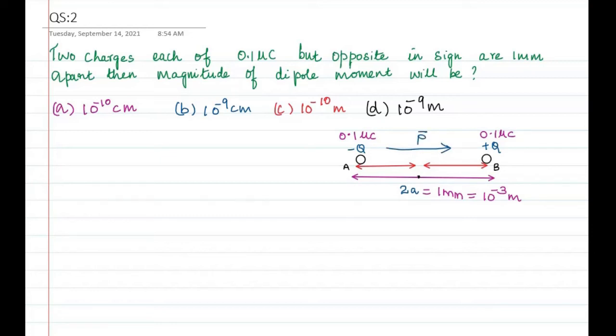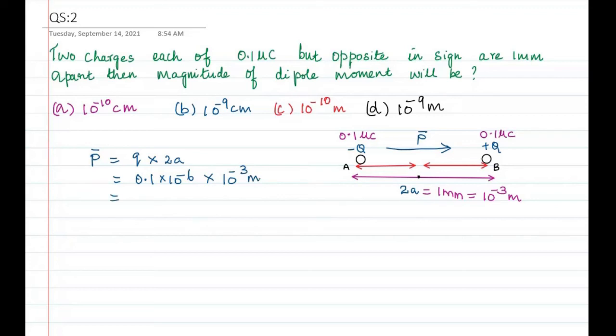The magnitude of the dipole moment P is given by Q into 2A. What is Q? Q is the charge, which is 0.1 into 10 to the power of minus 6, into 2A, which is 10 to the power of minus 3 meter.